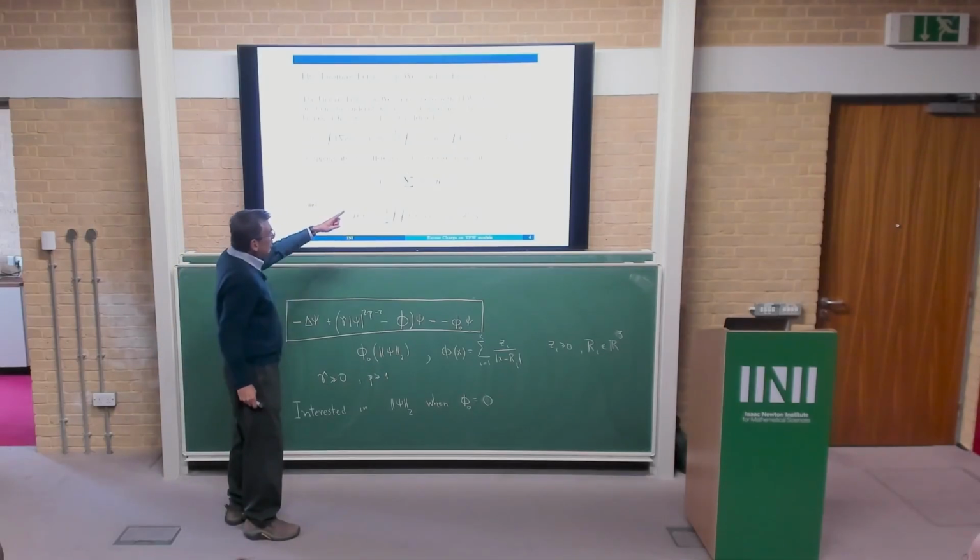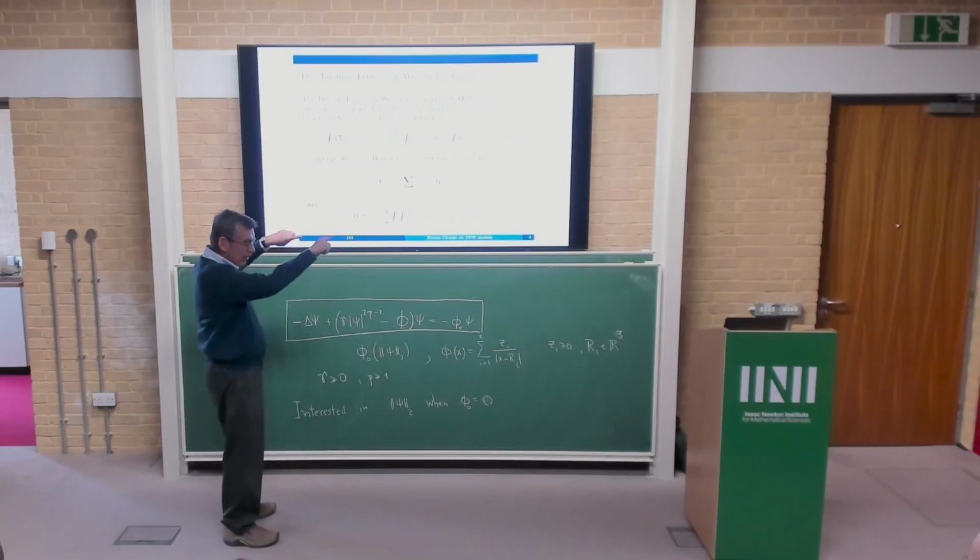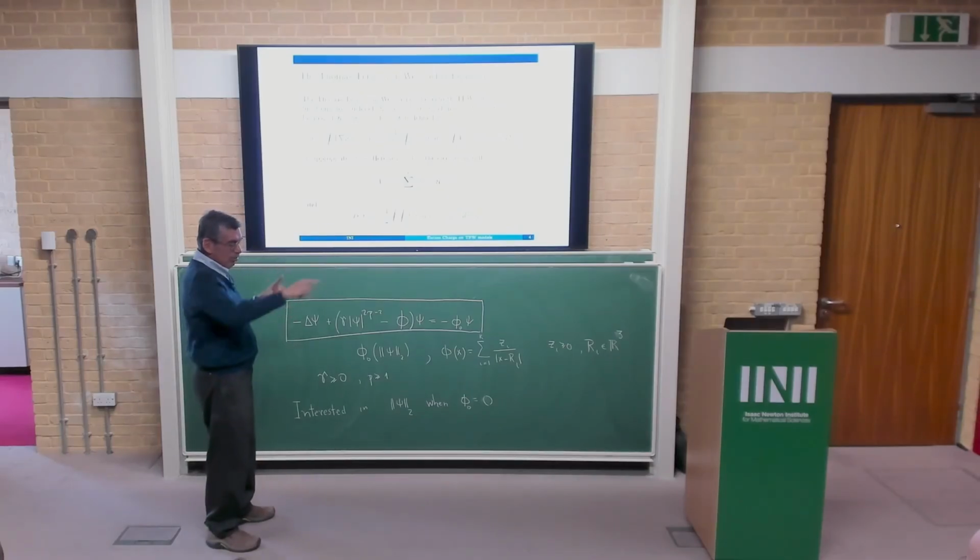And rho is the single particle density: if you have the state in the Hilbert space, you integrate psi squared over all the electronic coordinates except one, and it doesn't matter which one because the function is antisymmetric, and you normalize by putting an n, and the integral of rho is going to be the number of electrons.